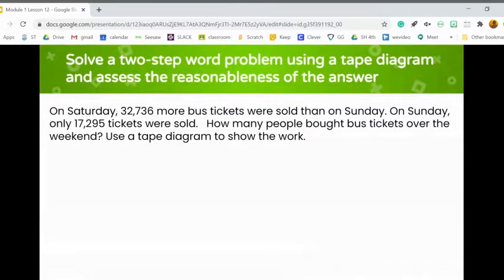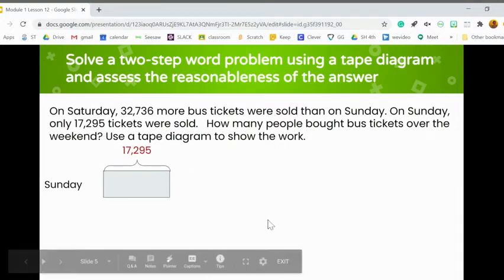We're going to use a tape diagram to show our work. So first, we're going to think about how many tickets were sold over the weekend. That's what we're going to see. So we want to draw a tape to show how many tickets were sold on Sunday. And on Sunday, we know that there was only 17,295.